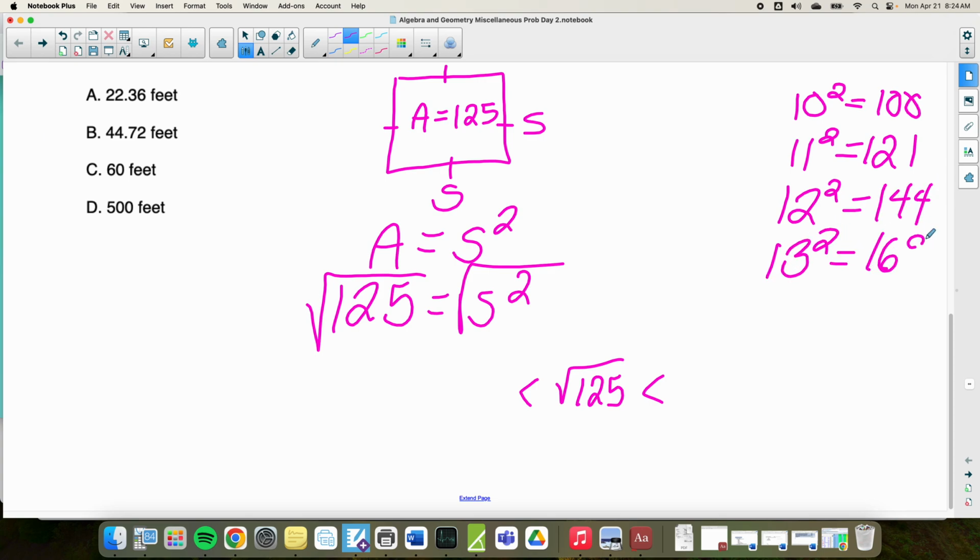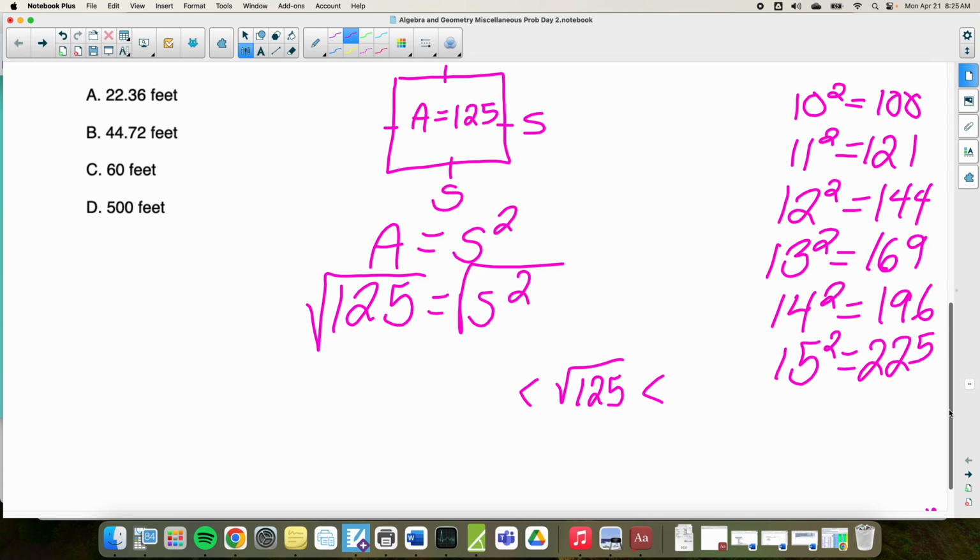Good. Do you know 14 squared? 196. Good. And 15 squared? Yep, very good. Okay, so 125 would be between these two, right? If this is 121 and this one is 144, isn't 125 closer to 121?